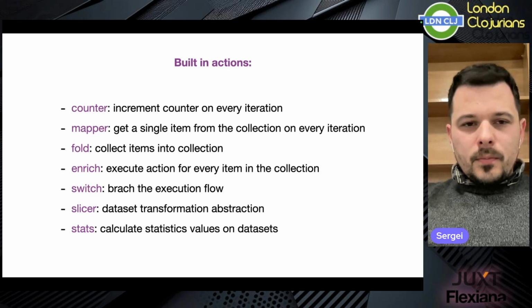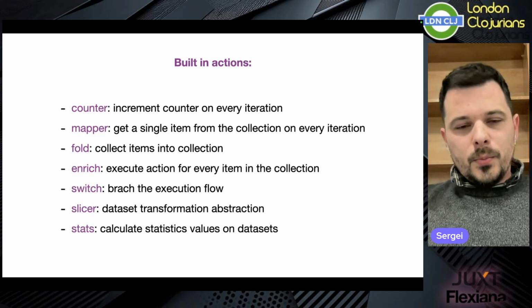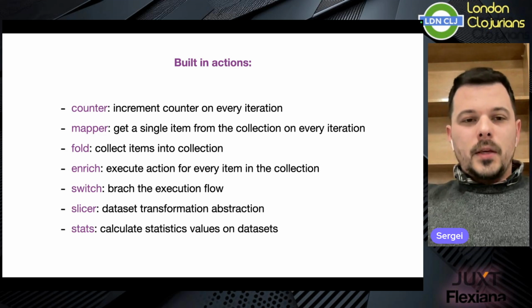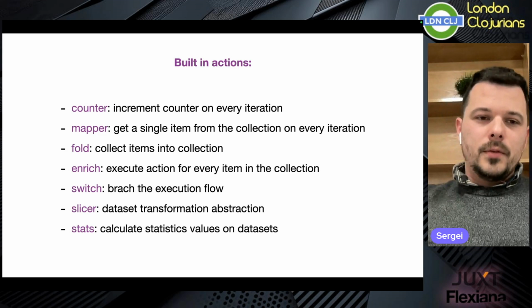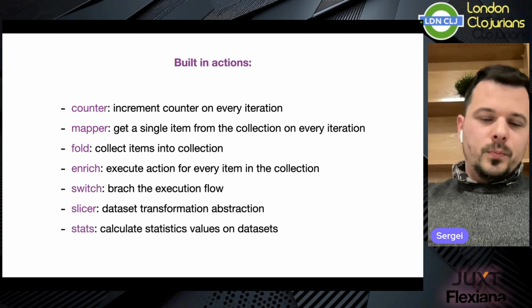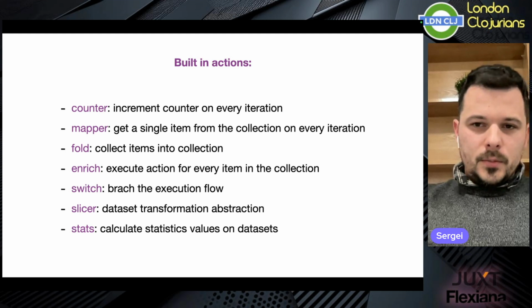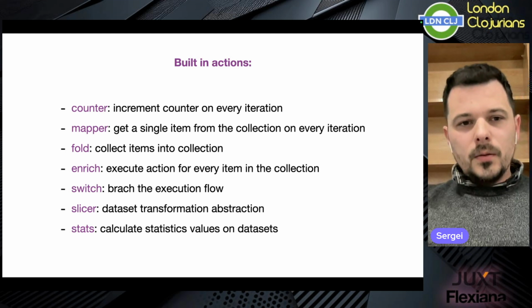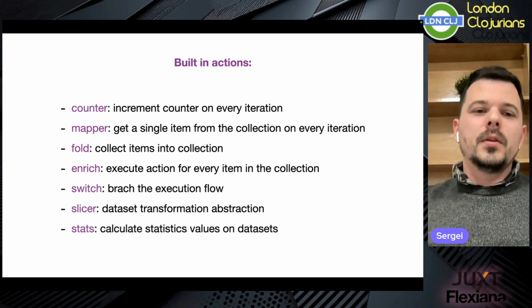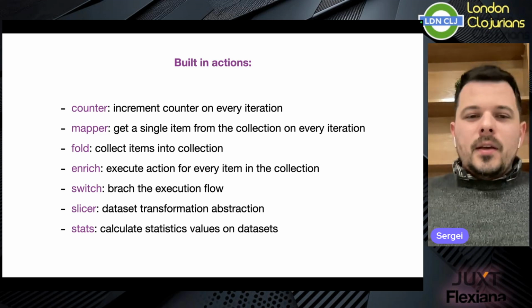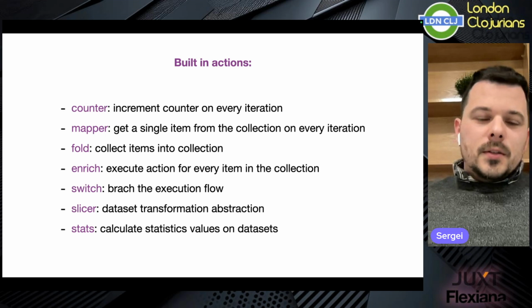And we have the mapper action that can take a collection, iterate over every item in the collection, and do some work for every item. And we have fold that will collect items into a single sequence.